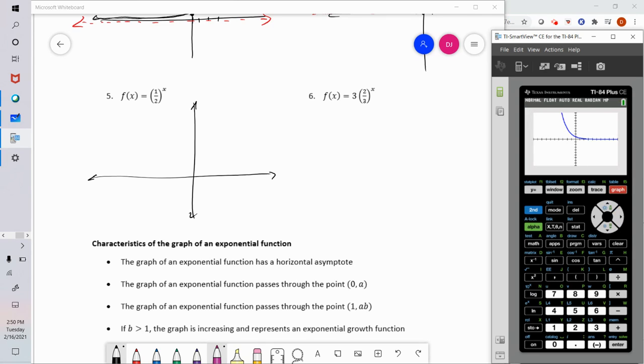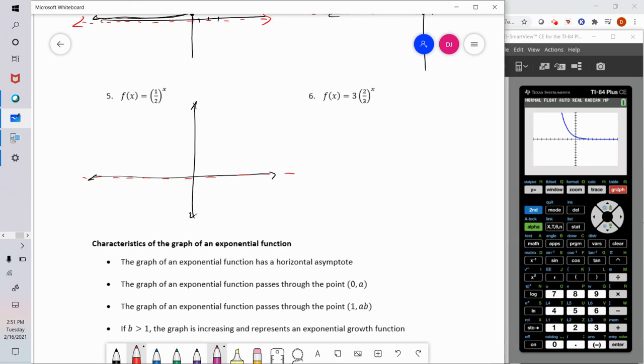If I graph that, notice that the graph is coming down instead of going up. We're going to multiply by 1/2. So we're going to have 1/2 times 1/2 times 1/2 times 1/2. We're going to go from 1/2 to 1/4, 1/8, 1/16. Like I said before, always going to be positive. We're going to have a horizontal asymptote.